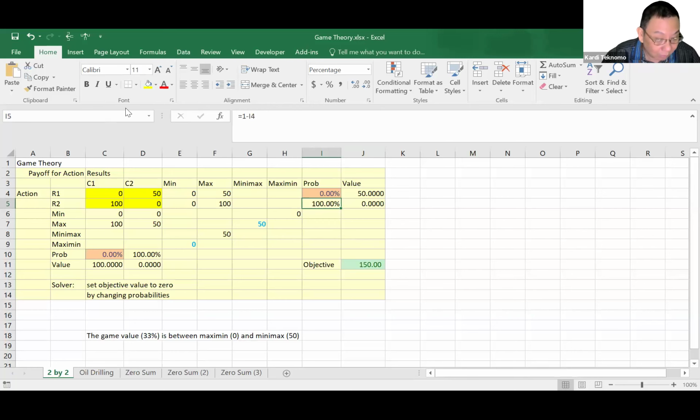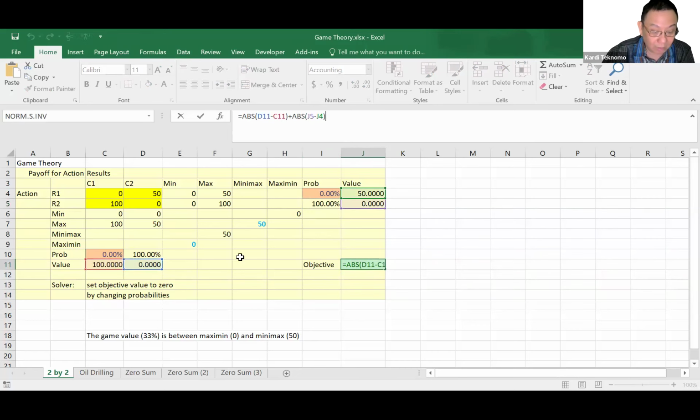And then you use solver. This is the objective, the sum of absolute differences between these two values and these two values.